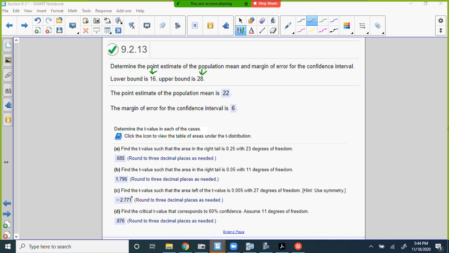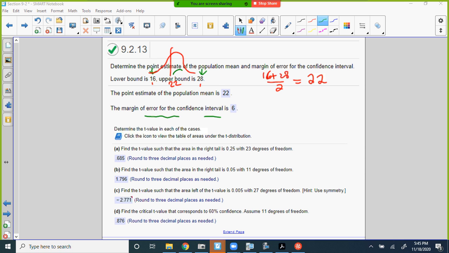So if I want the middle, it says what's the population mean? Well, if I do 16 plus 28 divided by 2, I get a mean of 22, right? It's the midpoint, correct? If these are the boundaries right here, then here's 22. Now, the next question is, what's the margin of error for this confidence interval?